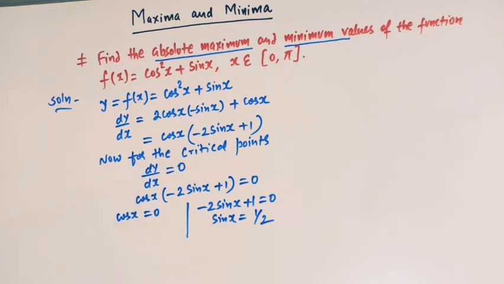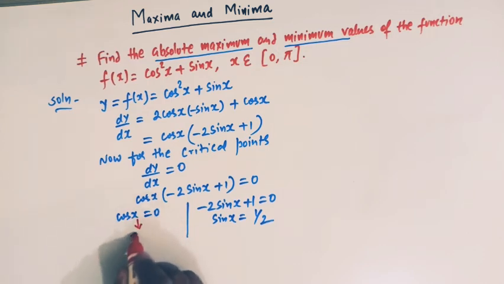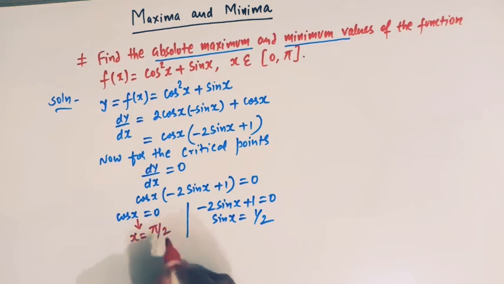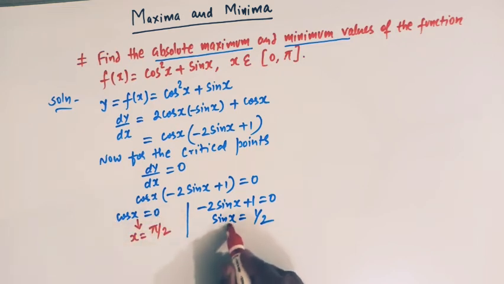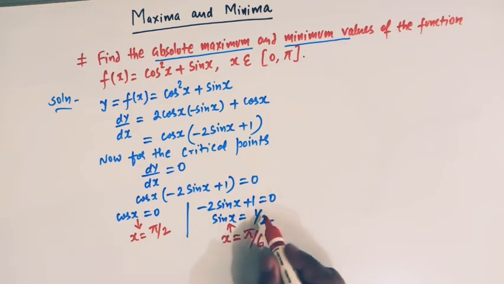Now from this equation, we have x is equal to pi by 2, because cos 90 is equal to 0, and from this equation we have x equal to pi by 6, because sin 30 is half, and we have one more value of x, that is 5 pi by 6, right?